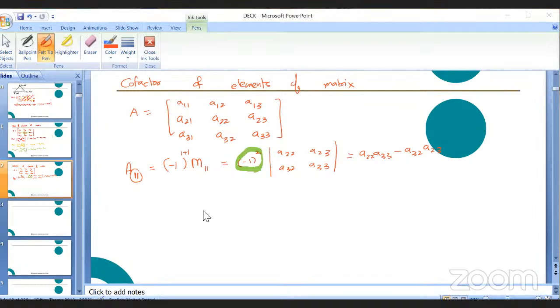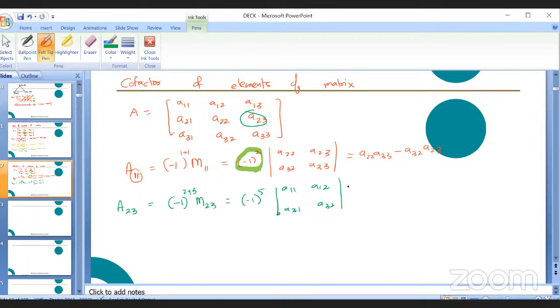Next, for any other element, let me take cofactor of A23. How will I take the cofactor? Minor of A23. Then I will multiply minus 1 power 2 plus 3. So minus 1 power 5 I will have. And then minor of A23, what is it? Determinant of A11, A12, A31, A32.